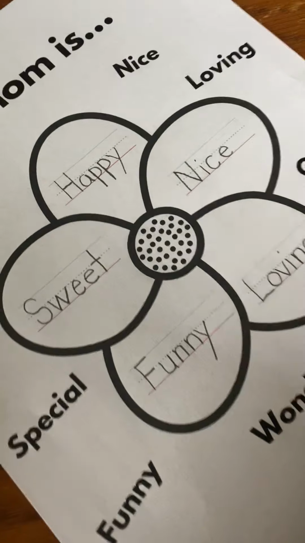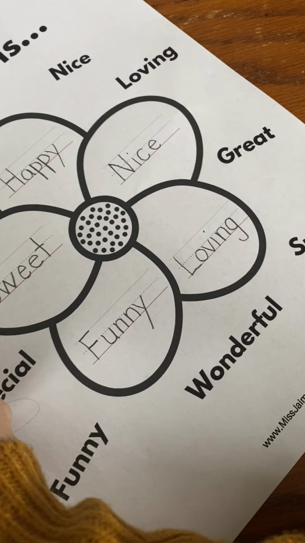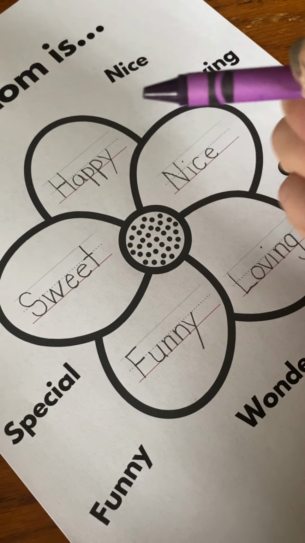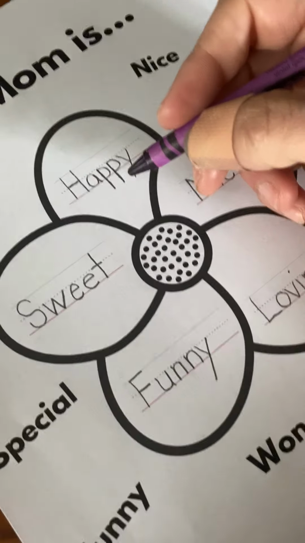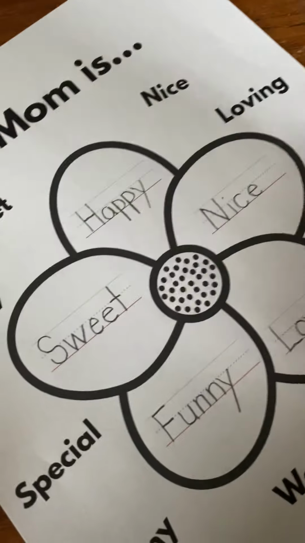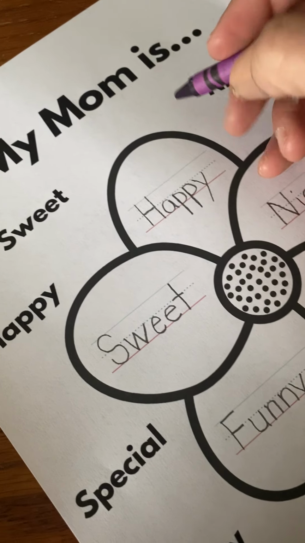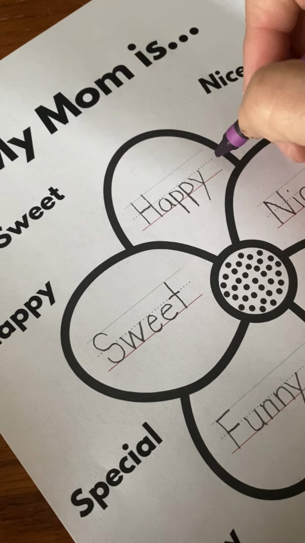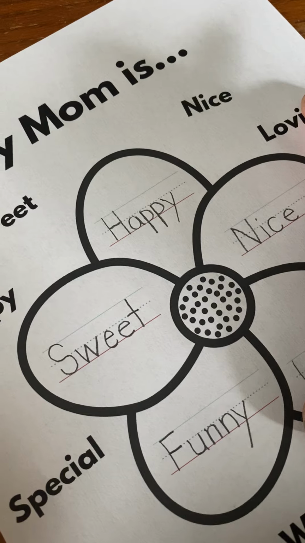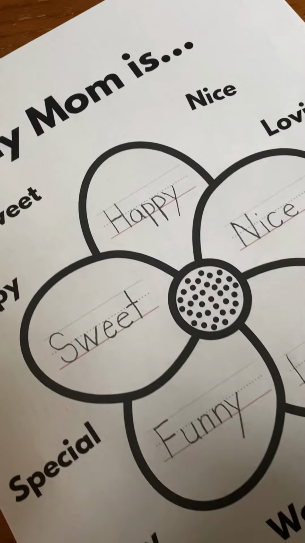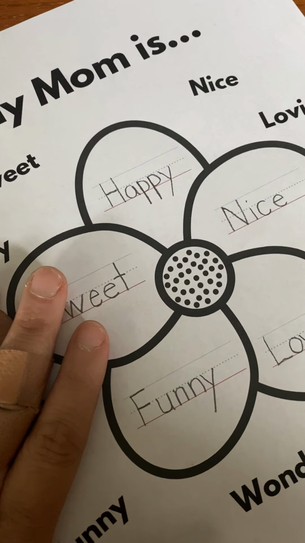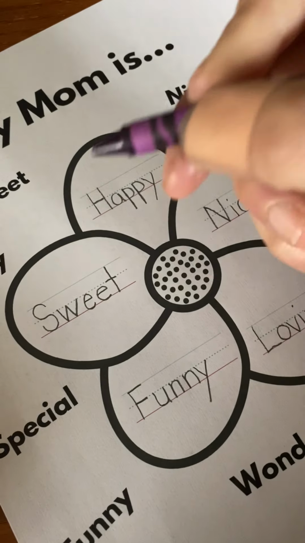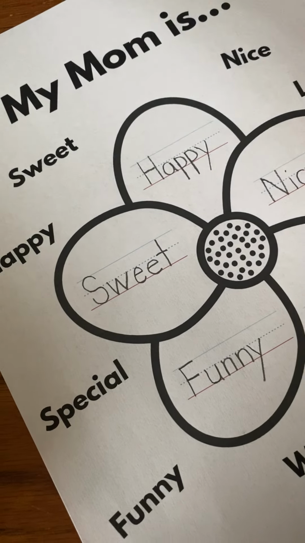Now I'm going to add some color into my flower. I'm going to use purple. And remember, friends, when we color, we do it nice and slow. We outline first, and then we try to color in one direction. And remember, your helping hand, your other hand, holds the paper while our coloring hand does the work.